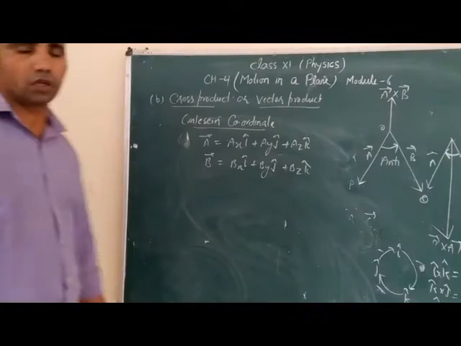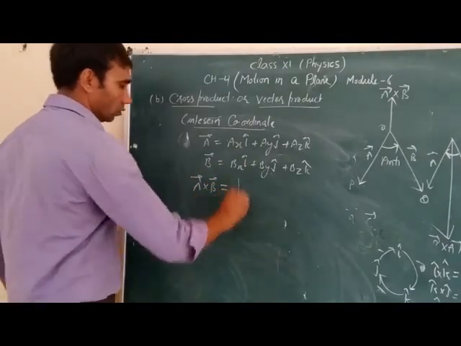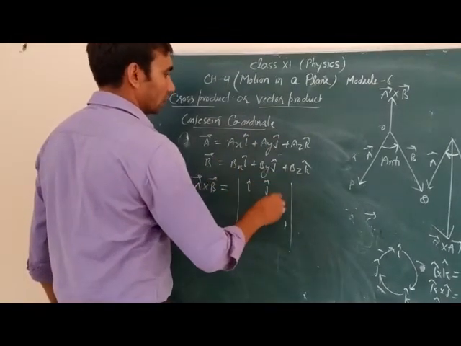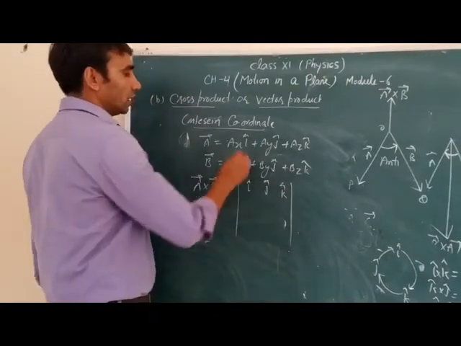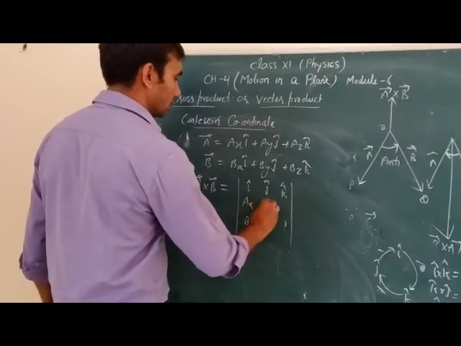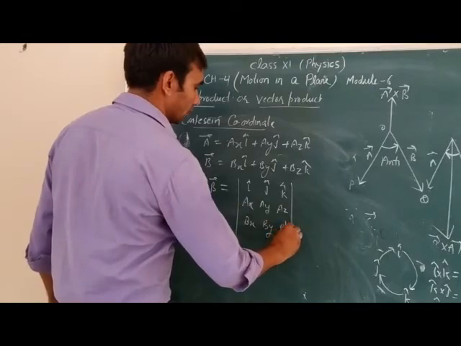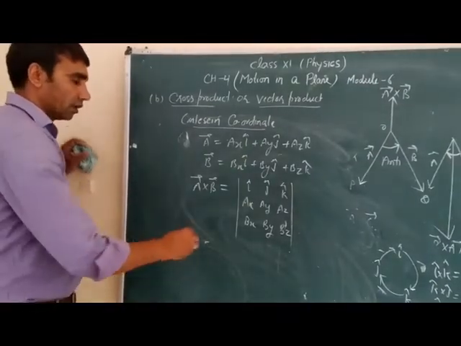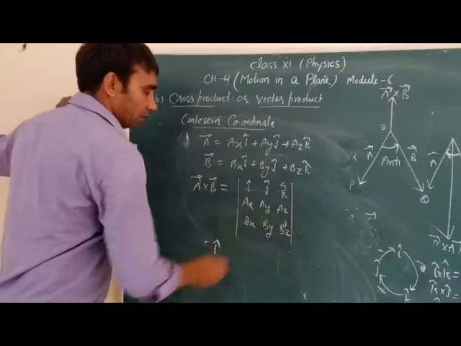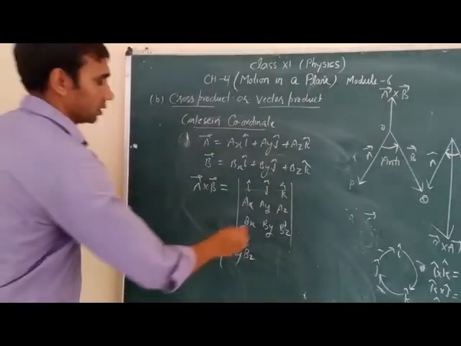In Cartesian coordinates, we find the cross product of vector A and vector B. So vector A cross vector B is equal to the determinant. The I, j, k unit vectors are common. The coefficients of I are ax, bx; of j are ay, by; and az, bz. For the I unit vector, cancel this row and column: ay bz minus by az.